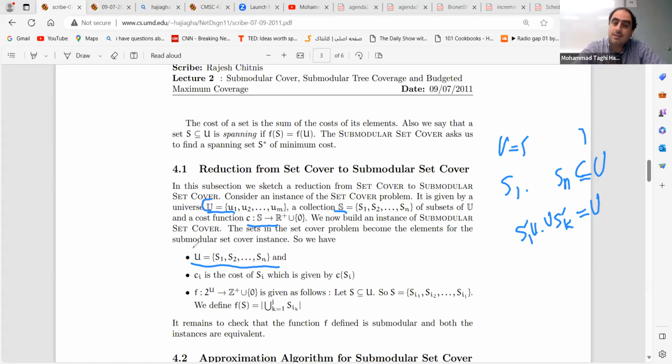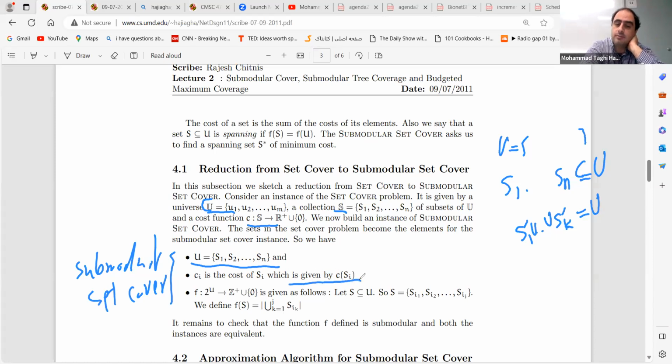So this is the submodular set cover. Here the U would be S1, S2 to Sn, the sets that you had in the set cover. Now Ci is the cost of Si, which is given by C of Si.